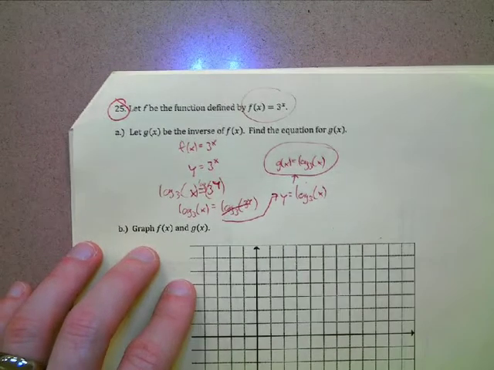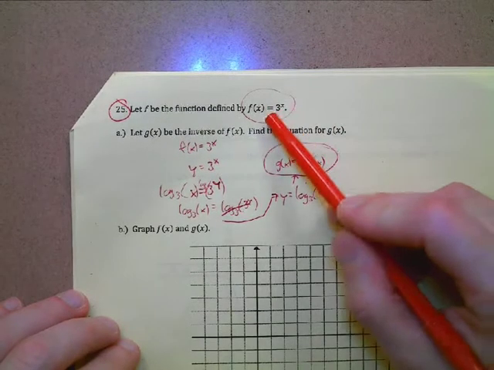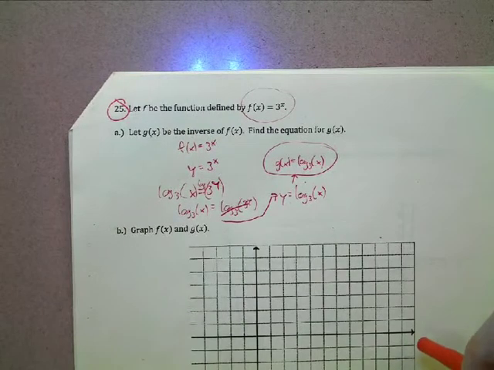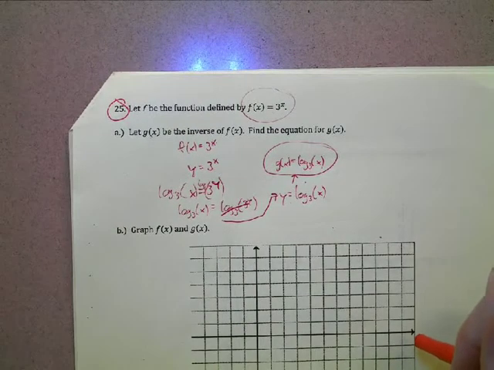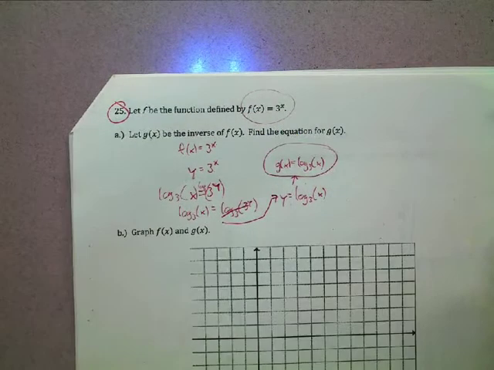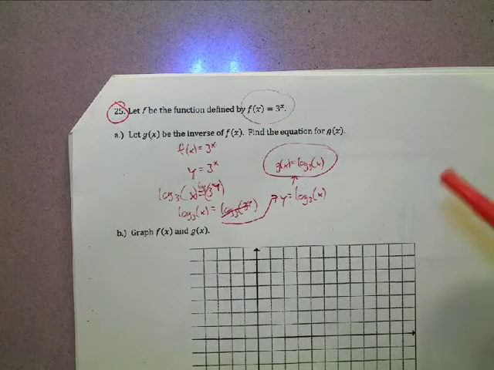Now, folks, you might be able to see a shortcut here. What if it was f of x equals 5 to the x? What would our inverse be? If our function was originally 5 to the x, what would the inverse be? Log base 5 of x. Exactly right.